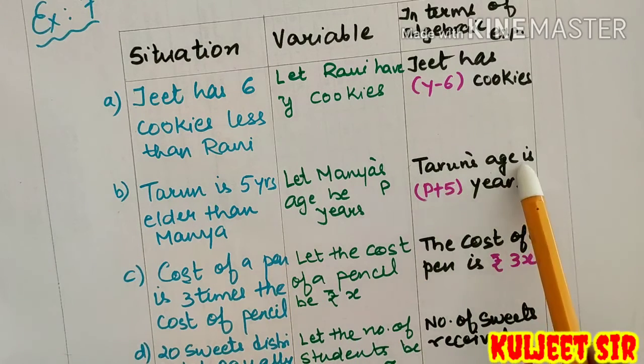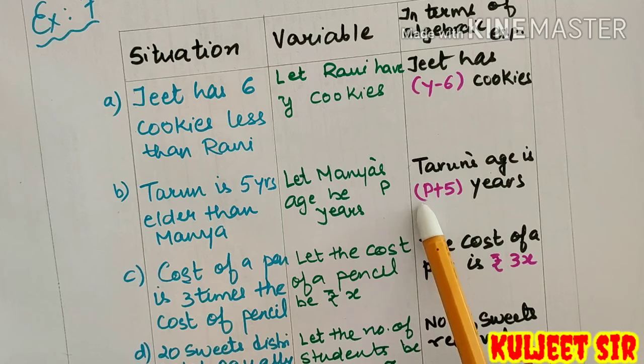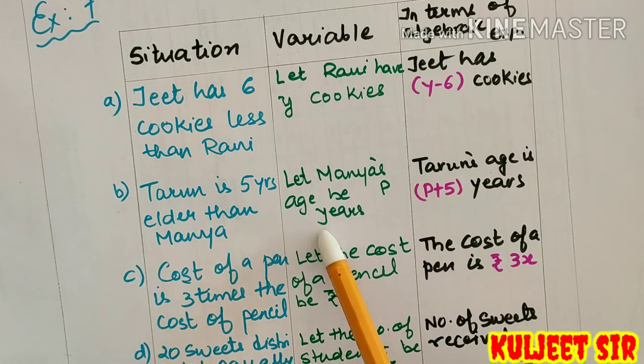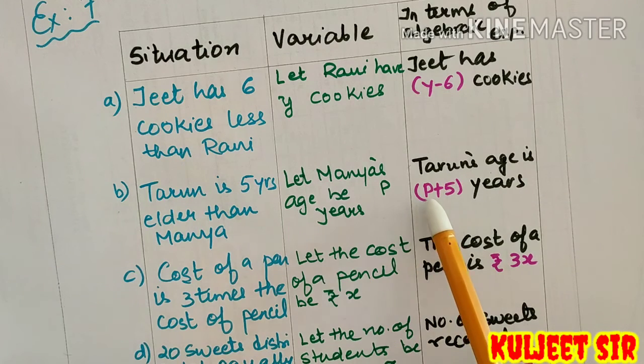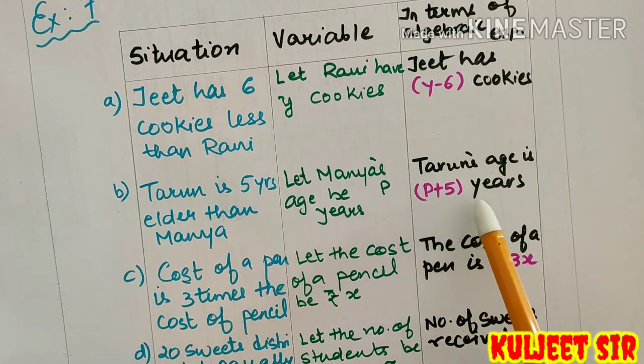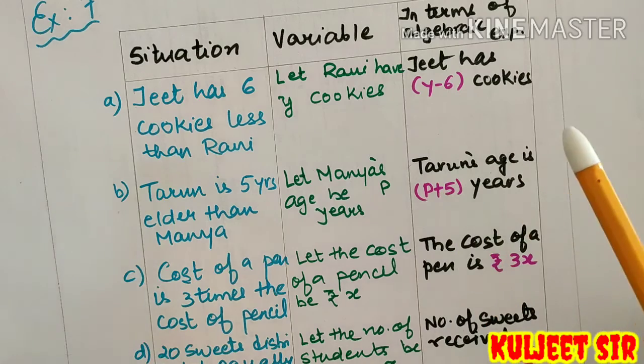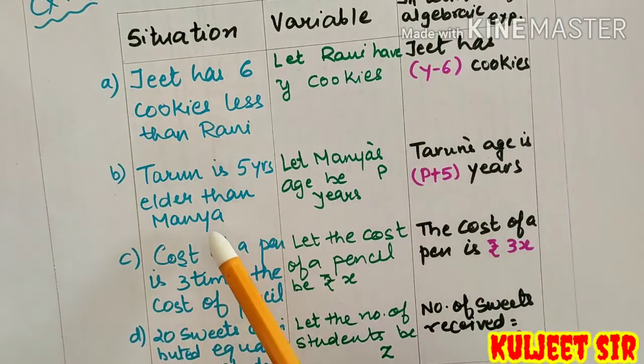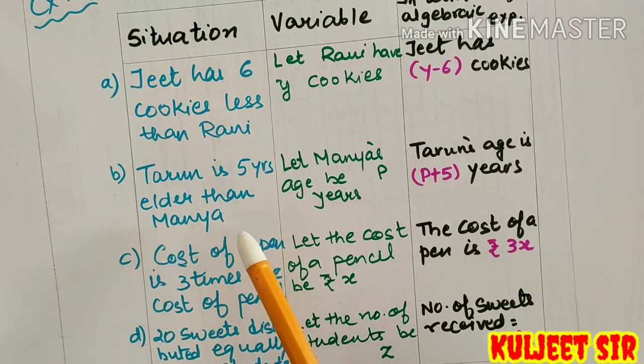So Tarun's age will be what? It will be p, where p is the age of the girl Manya, because we don't know what it is. But Tarun is 5 years elder, so it will be p plus 5 years. Again you see, we have taken Manya, the person who is at the second place, into consideration.